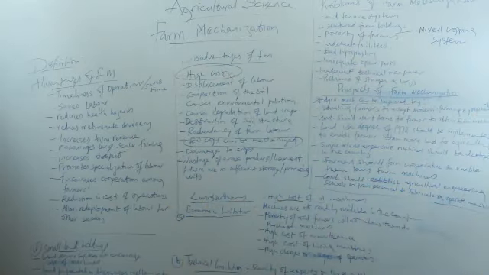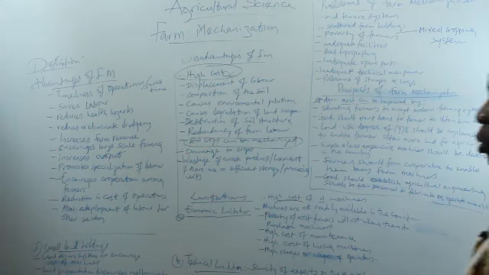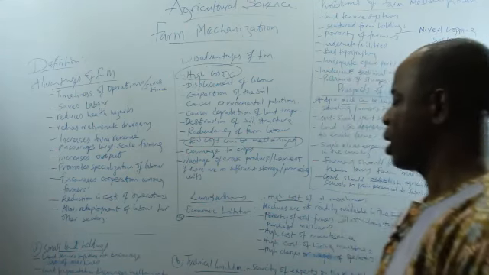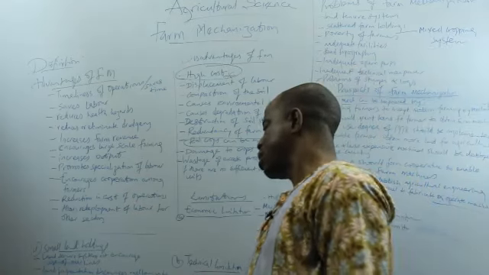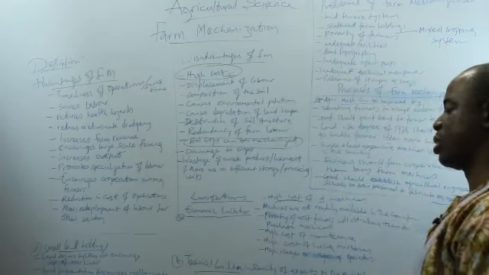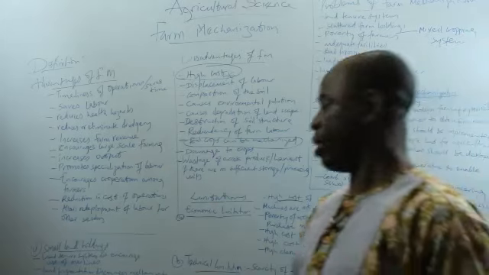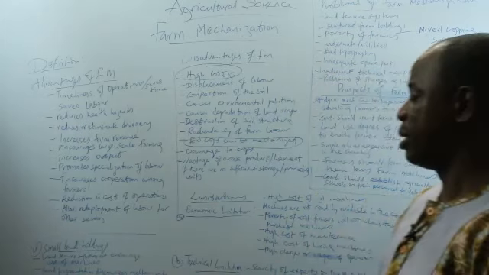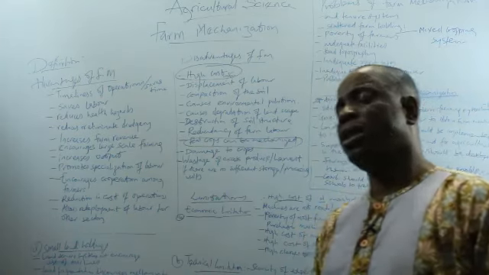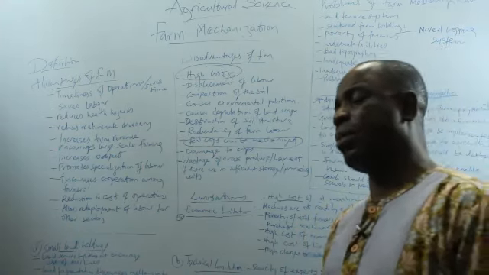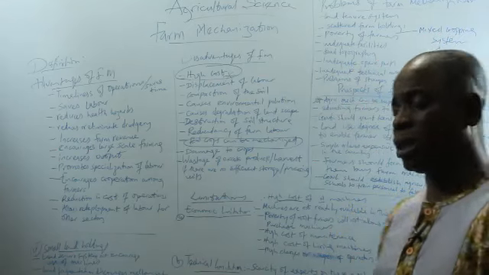Okay. Then let's look at small landholdings. The small landholdings can also be a limitation to farm mechanization. Why? Because many farmers operate through a natural system, which does not encourage the use of farm mechanization. Then land fragmentation, by which land is broken into fragments, into fractions, due to land transfer by inheritance and communal land transfer system.